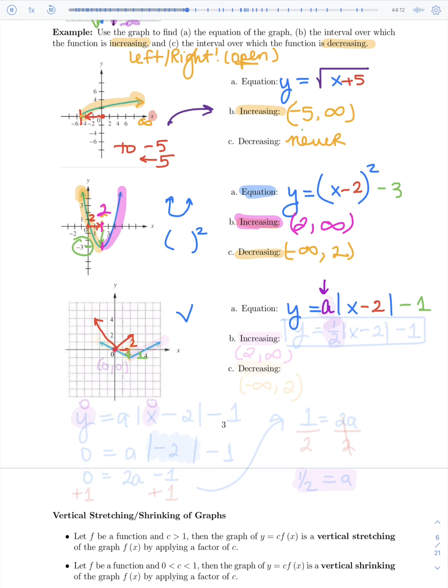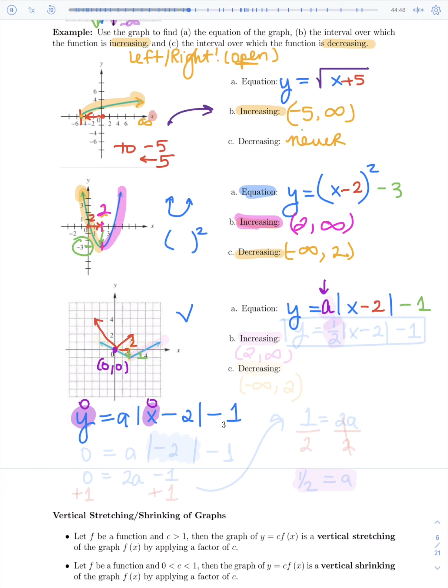If you want to find that A, what you need to do is pick out another point from the graph. The easiest point on this graph to pick out is that our graph still does go through the point 0, 0, and plug that into our equation to figure out what A ends up being. So you would take your y equals A times the absolute value of x minus 2, minus 1, and plug in the 0 for y and 0 for x.